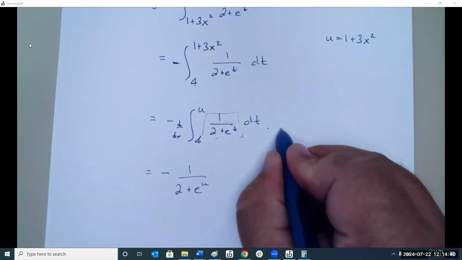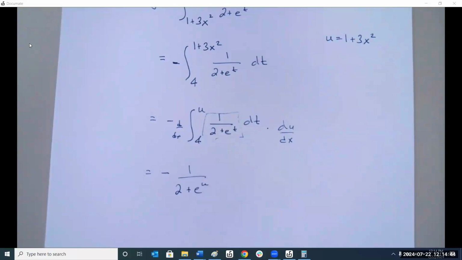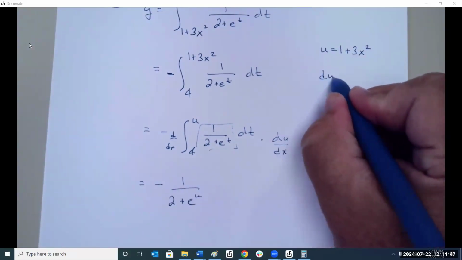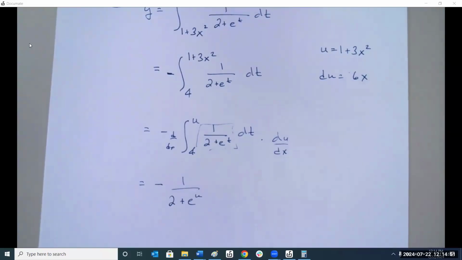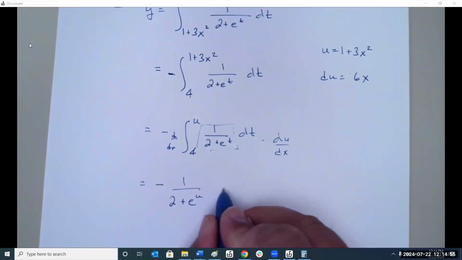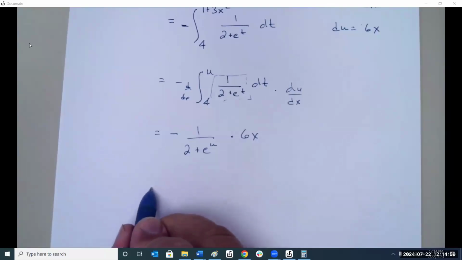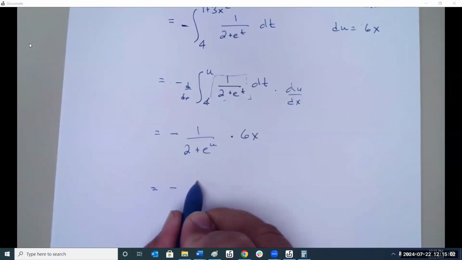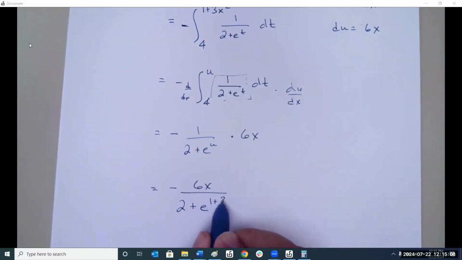Now we also have to have a du dx. We have to take the derivative of this one, 6x. It's negative 6x over 2 plus e to the 1 plus 3x squared.